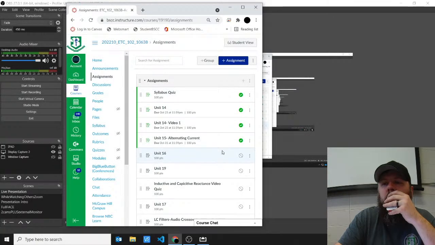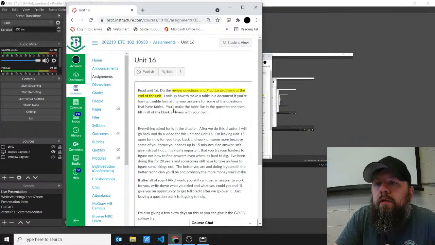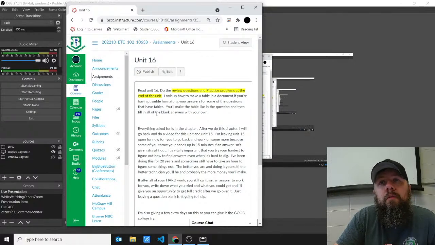Unit 16. All right, on the actual unit, do the review questions and practice problems at the end of the unit. Look up how to make a table in a document if you're having trouble formatting your answers for some of the questions that have tables. So if there's a question from 1 through 5 that has a table, and you need help, do that.